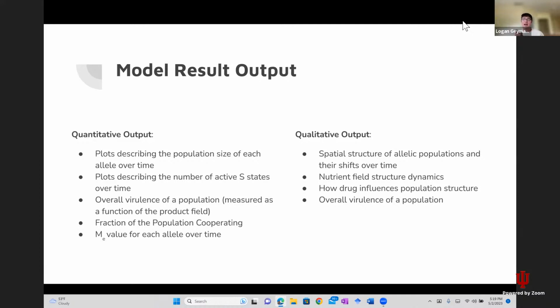We also wanted to understand how the nutrient field was shaped and changed over time, and if that played into how the allelic populations were structured. Being able to look at both was a great way for us to do this. And then we also wanted to see how different drug fields affected this population structure and the overall virulence of the population.